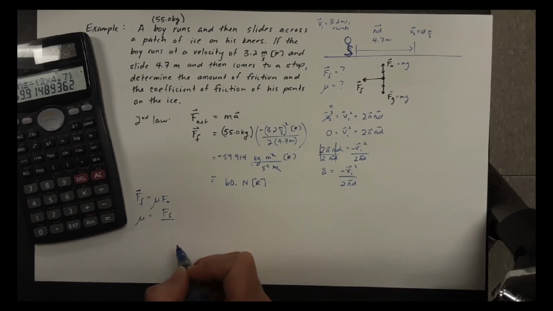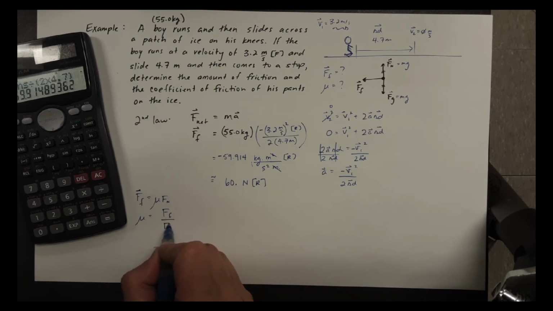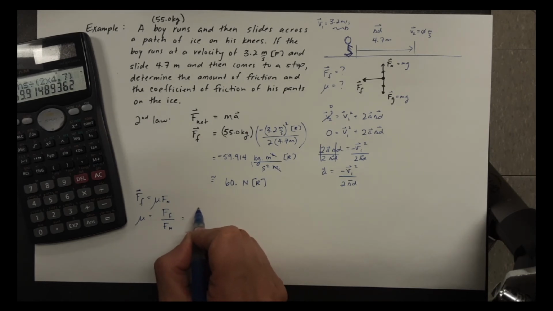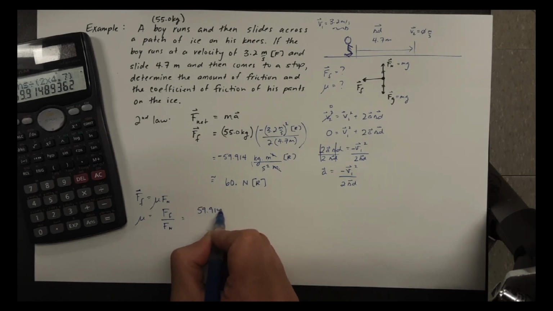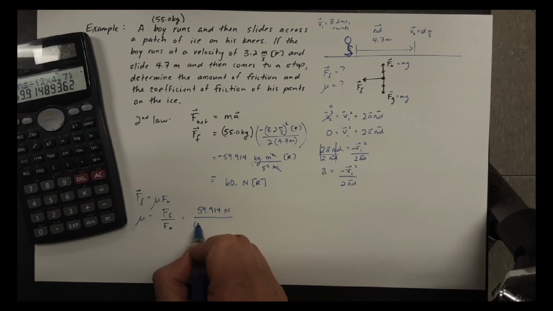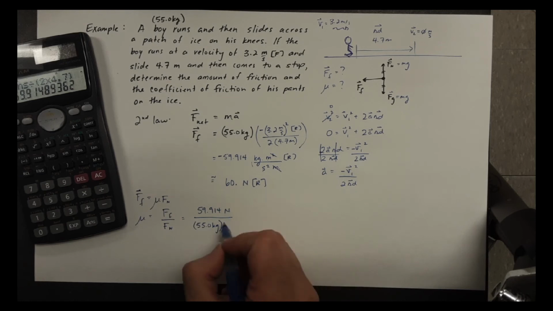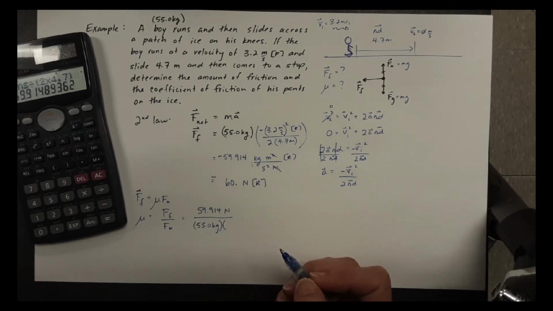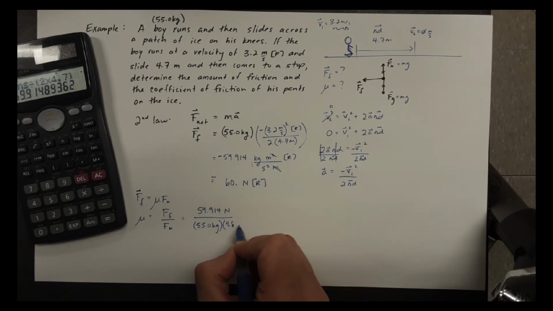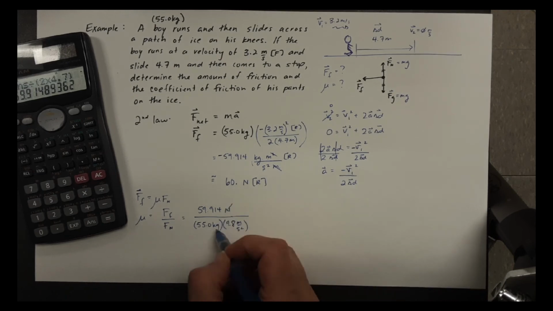Mu is the force of friction all over the normal force. The force of friction is the 59.914 newtons, and Fn is going to be mg. So this is the 55 kilograms times 9.8 meters per second squared, okay, and then that's going to cancel out with the units.